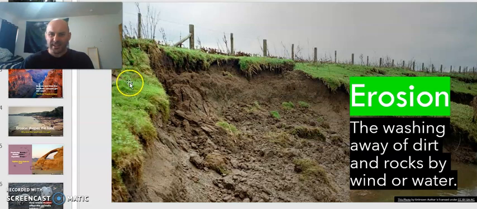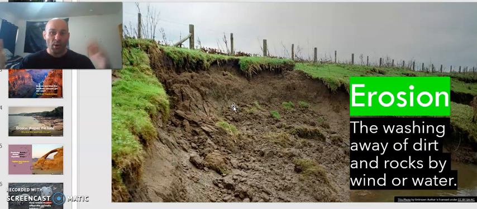So if you look at this side of this grassy hill here, you can imagine that at one point this whole hill was covered in grass. What happened right here in the middle part? What do you think caused this dirt to slide down like it has?